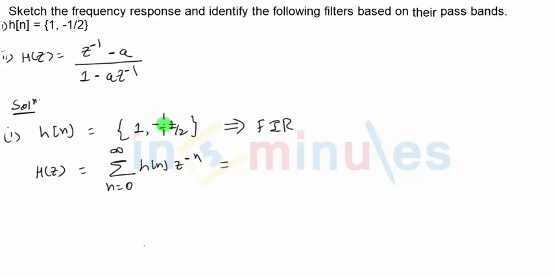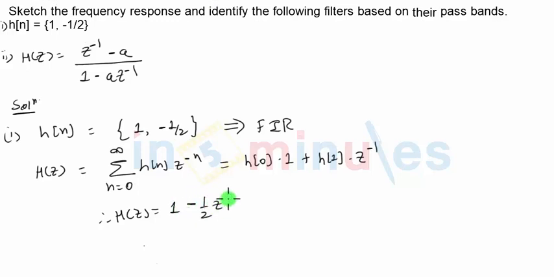Now here there are only two samples. For n equal to 0 it is 1, and for n equal to 1 it is minus half. So this will be h of 0 into 1 plus h of 1 into z inverse, and therefore my h of z for the first filter becomes 1 minus half z inverse.